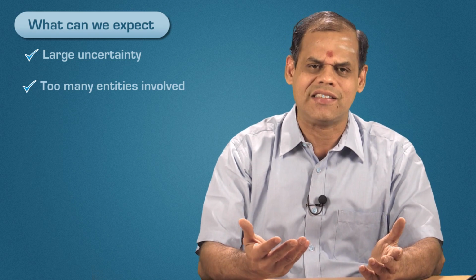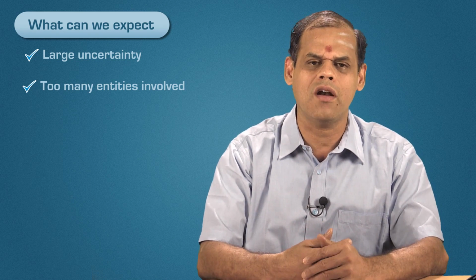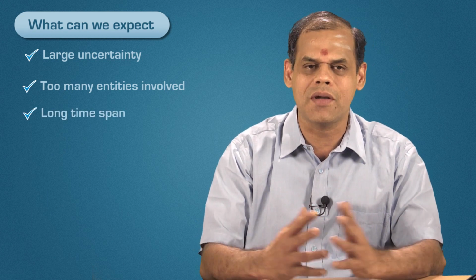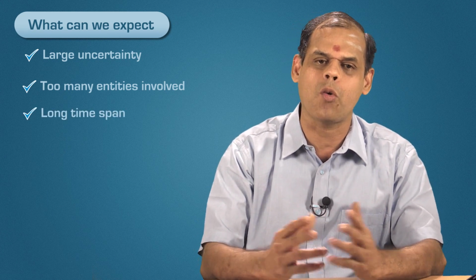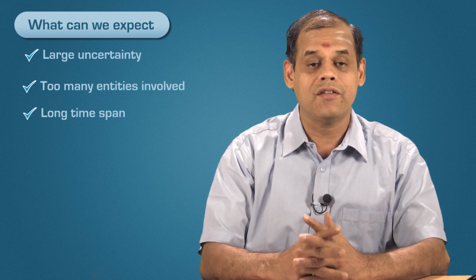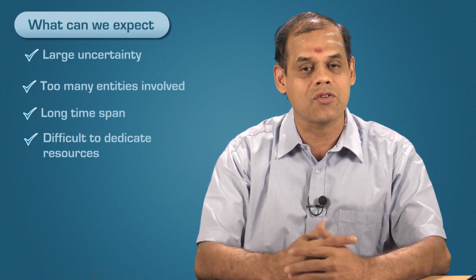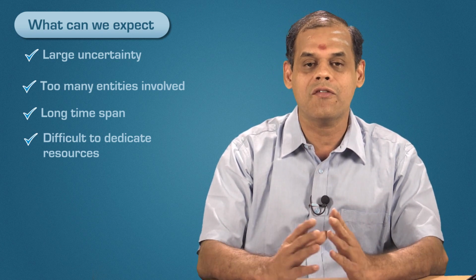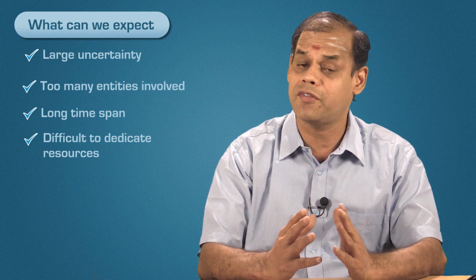One understands it. There are too many entities involved. The time span is very, very large. Typically these kinds of activities happen over a period of a few years, and it is very difficult to dedicate resources exclusively for these requirements. So sharing of these common resources is very much a reality.